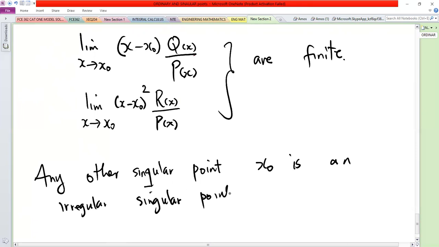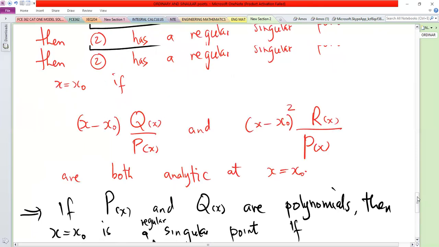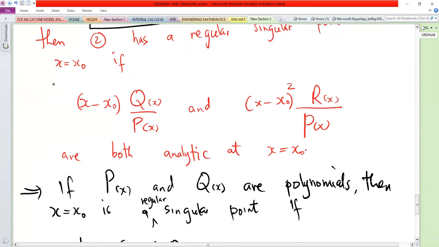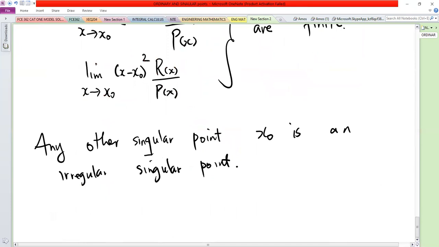That means that anyone that doesn't obey these two conditions we have given here for the case where P and Q are polynomials, or using the general definition, if you find that these two functions are not analytic at X equals X naught, then if that X naught was a singular point, it is called an irregular singular point.